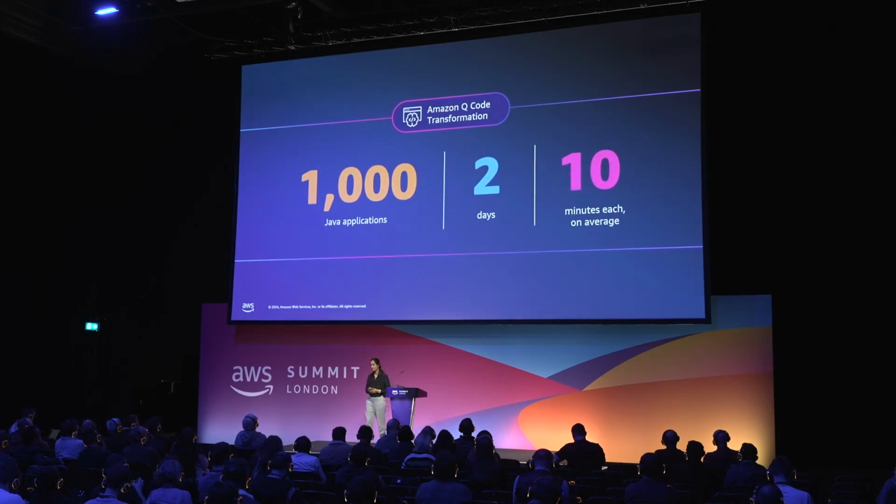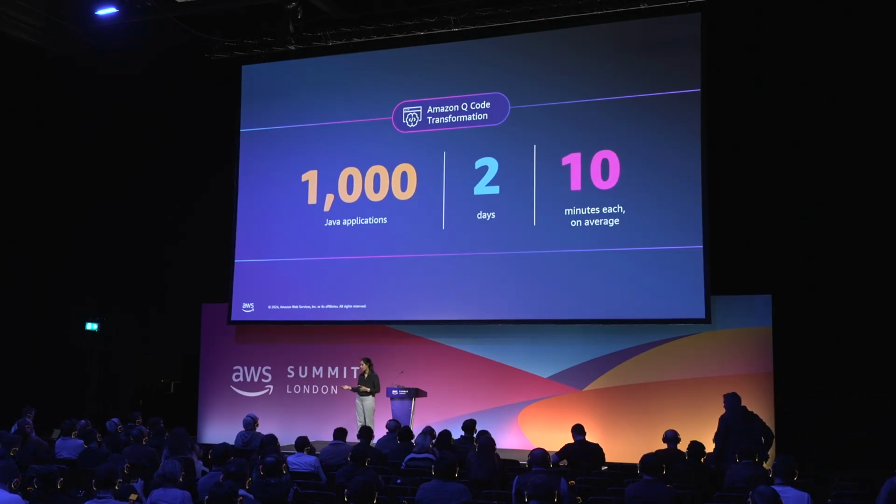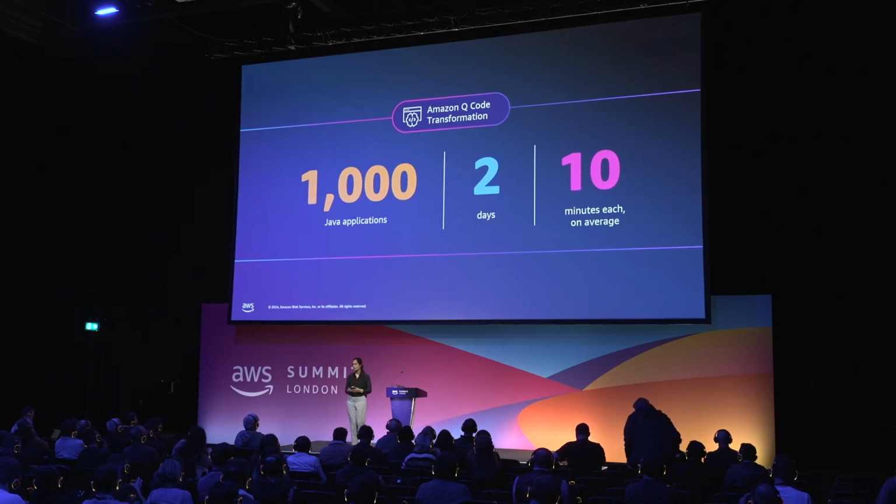So here's a testimony. Recently, a 5-person Amazon team were able to transform the applications from Java 8 to Java 17, around 1,000 applications in a span of 2 days, where each transformation took 10 minutes on an average, and the longest one took less than 1 hour.